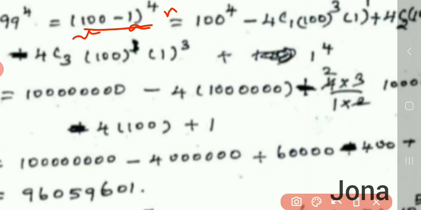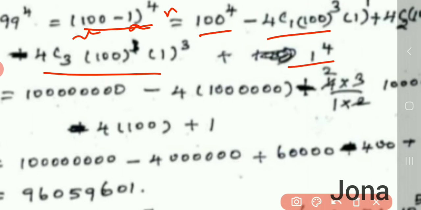We have to use the same binomial theorem formula, but with alternating symbols, plus and minus. So, we have 100⁴ minus 4C1 100³ into 1 plus 4C2 into 100², then minus 4C3 100¹ into 1³ plus 1⁴.